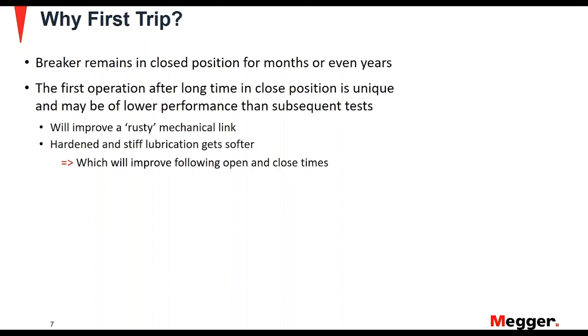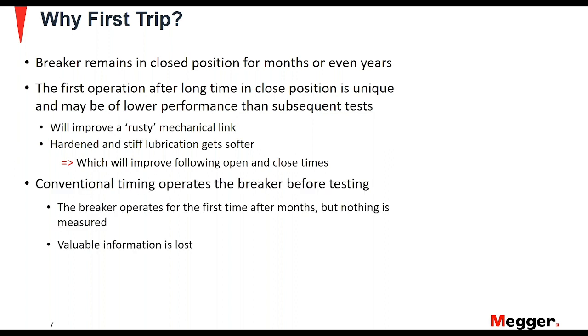At the first time of tripping after months of in-service condition, it is valuable information to have. It's information that you don't want to lose about the breaker. It will not only give you information about the breaker itself, but also the conditions that this breaker is operating in. Is it going to be a dependable breaker after years between tests?